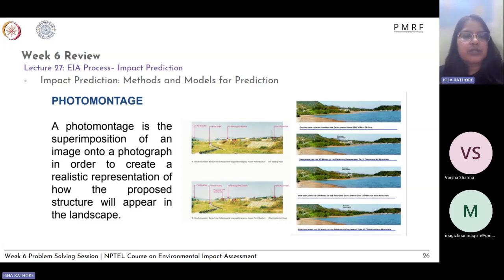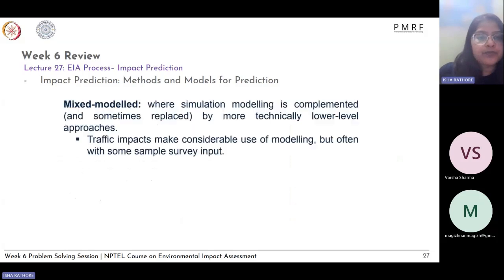So you can see how visually effective your impact prediction is, or how visible it is. For example, if building an air tower, how it's going to look in the overall positioning of the site. So that is where photo montage can be used. It's again a prediction method.